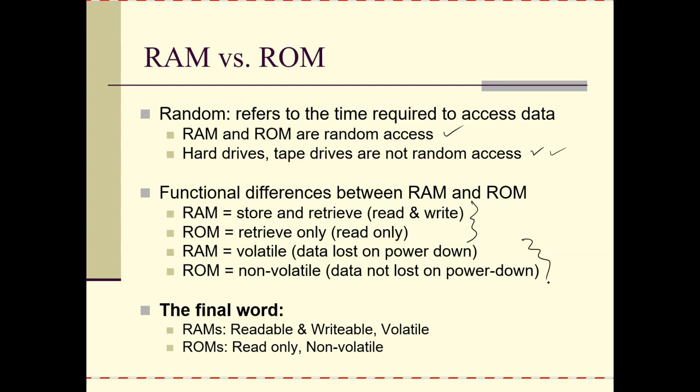ROMs are non-volatile. You turn off the power, turn the power back on, and your data is still there. So once again, the final word: RAMs, readable, writable, volatile. ROMs, typically read-only and non-volatile. Now, there always has to be some way to get data into a ROM, and typically you can write it there, quote, write, but the notion that it's non-volatile makes it a ROM.